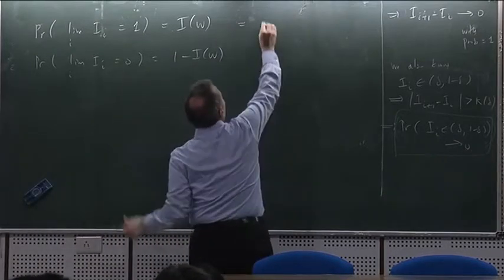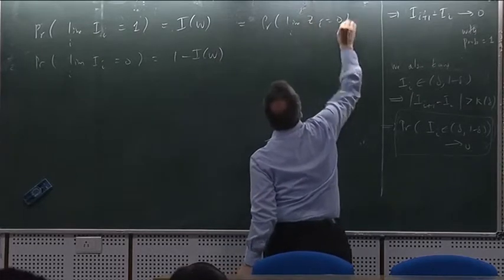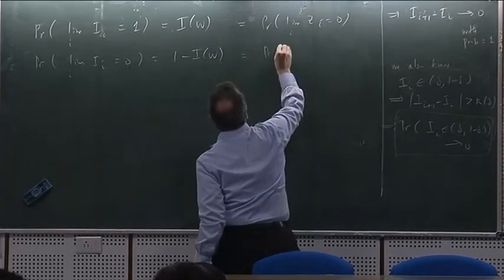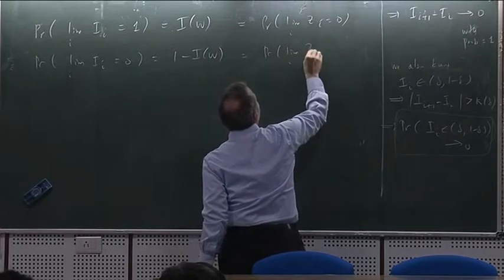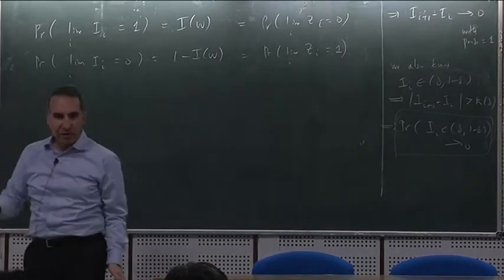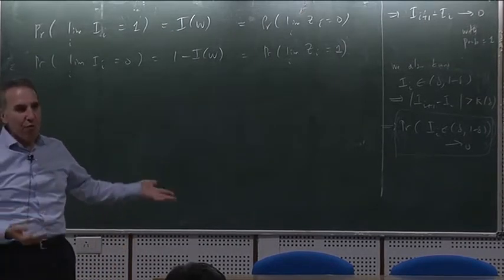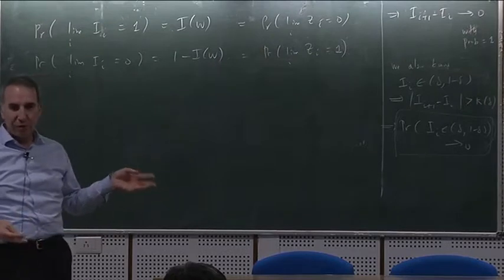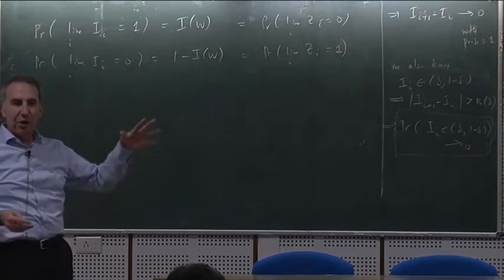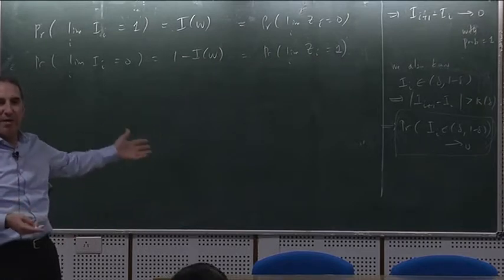So this is the same as the probability that the limit of Zi is equal to 0, and this is the probability that the limit of Zi is equal to 1. As the I process is going here and there, the Z process is doing exactly the opposite, but we know where the Z converges to, because we know that I converges to 0 or 1 with this mass and this mass. Z converges to opposite numbers with exactly the same masses as the I did.